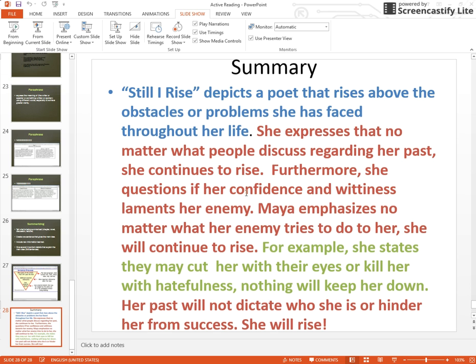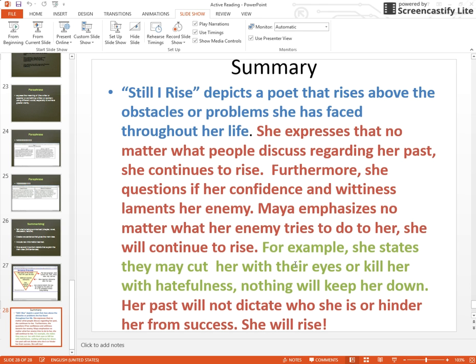Furthermore, she questions if her confidence and wittiness laments her enemy, okay? Maya emphasizes no matter what her enemy tries to do to her, she will continue to rise. Now, that's your major point. So those are major points throughout the stanzas, or if you're reading an article, paragraphs.